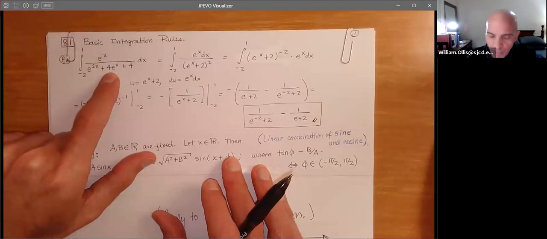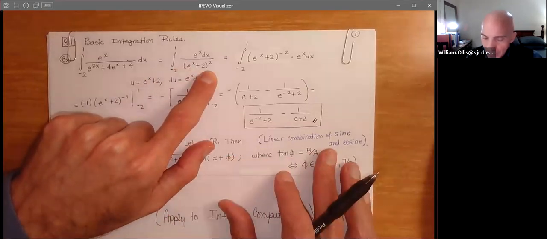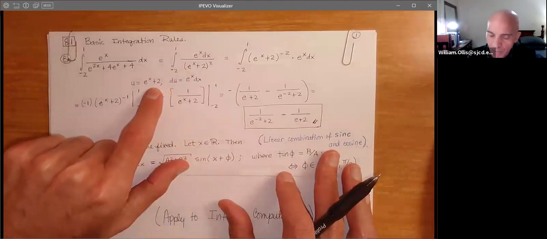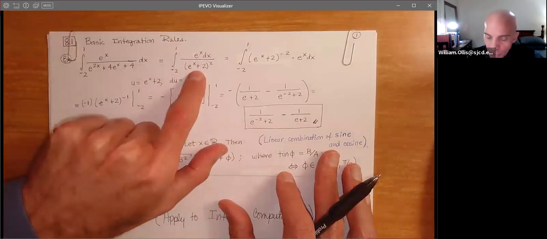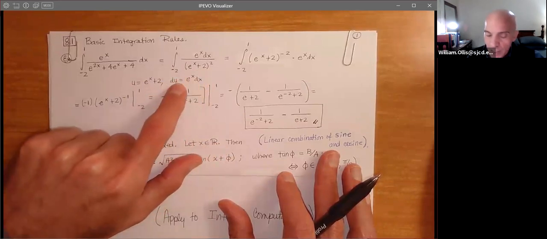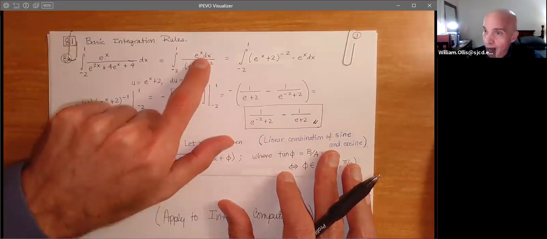So here we just have a perfect square, which is (e^x + 2) quantity squared. And so now when you look at this, you're thinking, well, this is add 1 divided by the new power, basically. So when we set this here, the radicand, or the actual argument of the square, as u, e^x plus 2, du is just equal to e^x dx, which we have here.